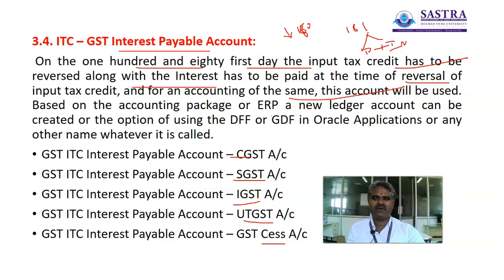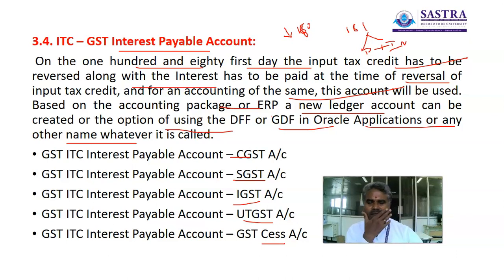Based on the accounting package or ERP, a new ledger account can be created, using the EFF or DFF option in Oracle applications or whatever it is called. So, a GST ITC interest payable account. Here we have to maintain accounts for all of the following separately: output tax, input tax, reverse charge inward, reverse charge output, then interest payable.